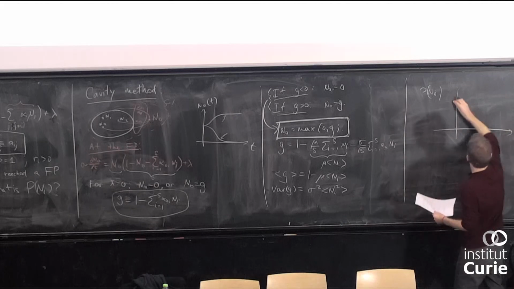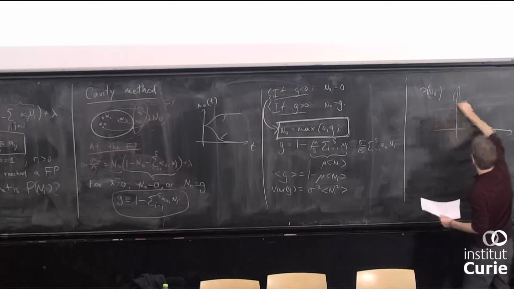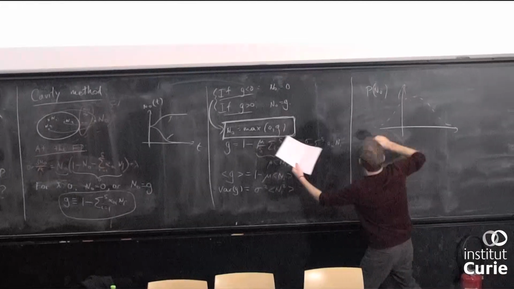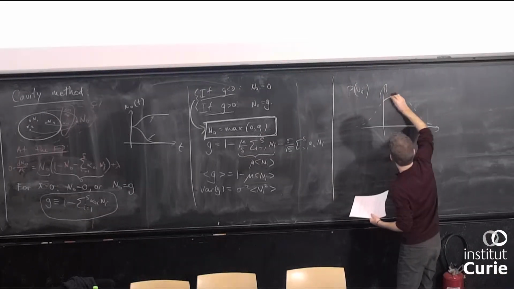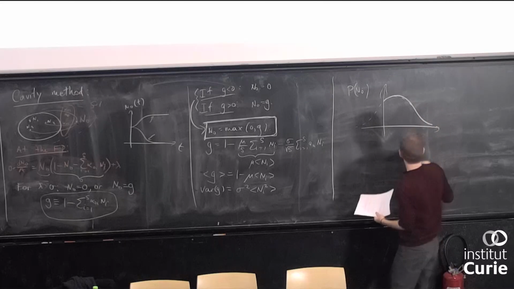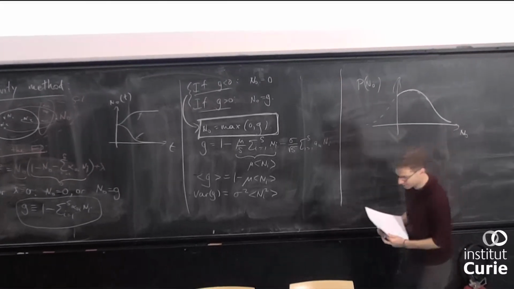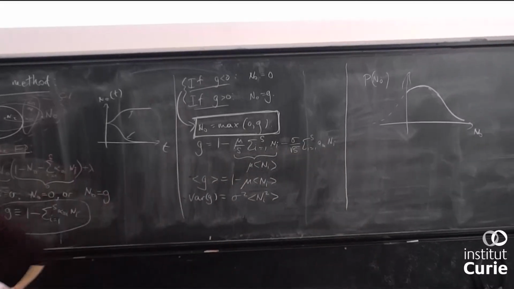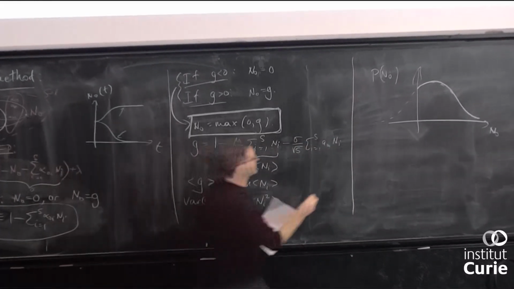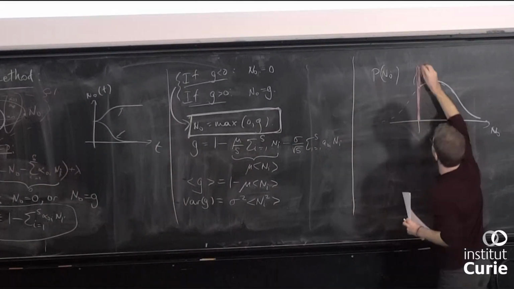G has this distribution, and the maximum will only pick the cases when G is positive. And as Ada remarked correctly, there are all the species that are dead, and they're all sitting here at 0.